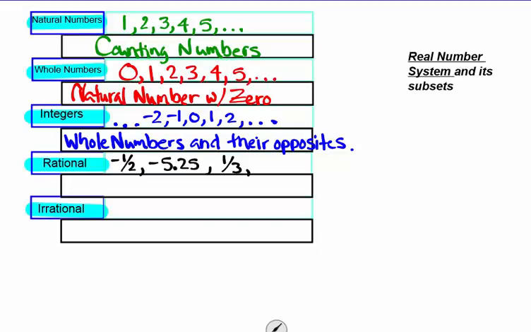Remember, it includes positives and negatives, as well as terminating and repeating decimals.